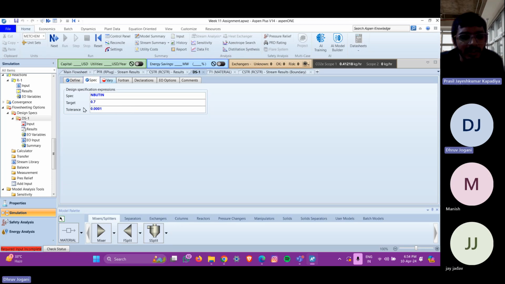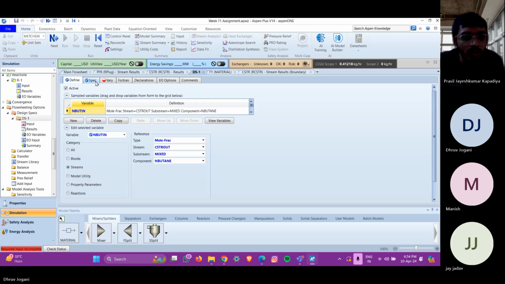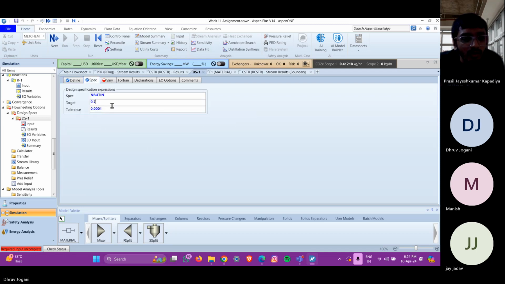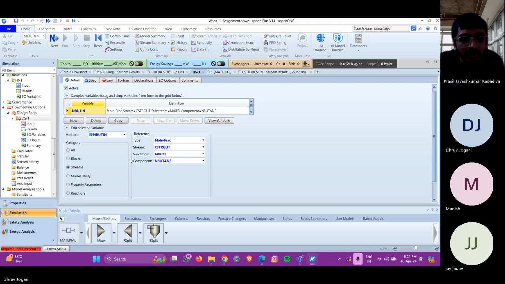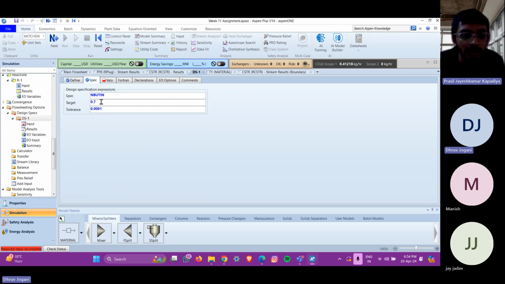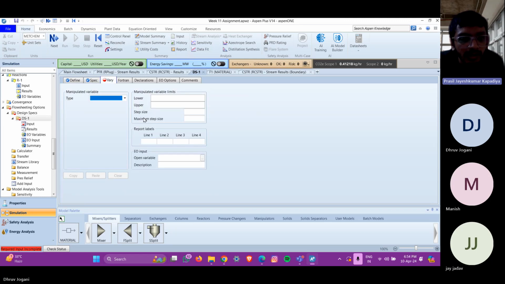Right, target is 0.7. Go to define. You are specifying mole fraction, then why should it be 0.7? 0.7 is your conversion, not your mole fraction. It is 0.255. Yes.